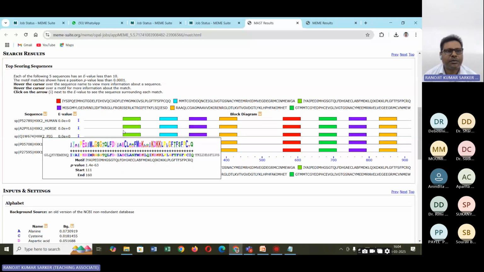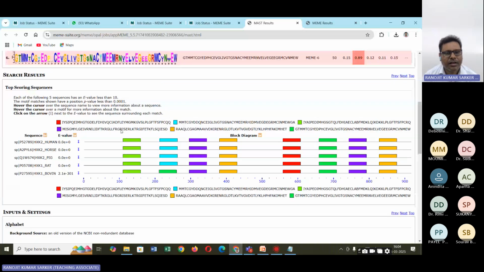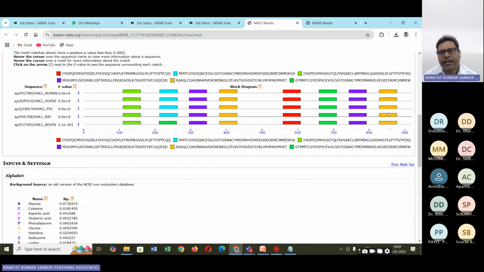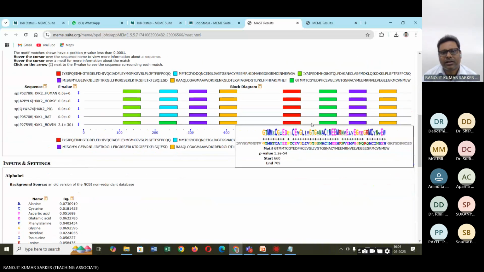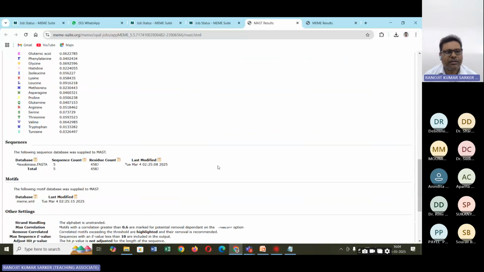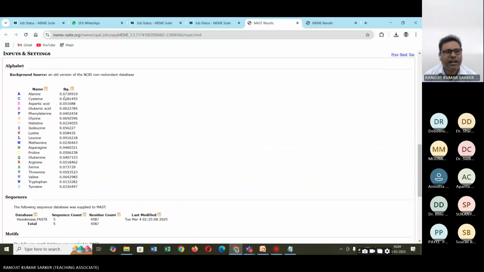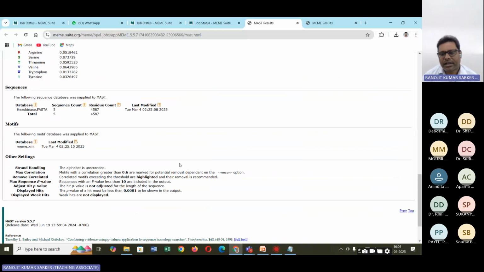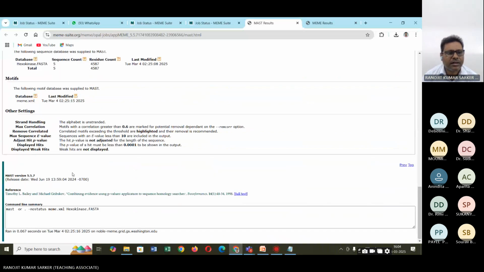This is a different program. This program predicted 8 such regions as motifs, and that is the probability for each of these sequences here. The version of MEME 5.5.7 has been used.